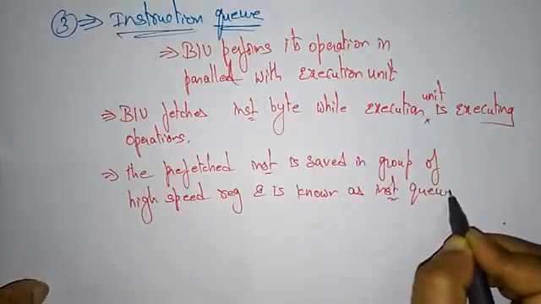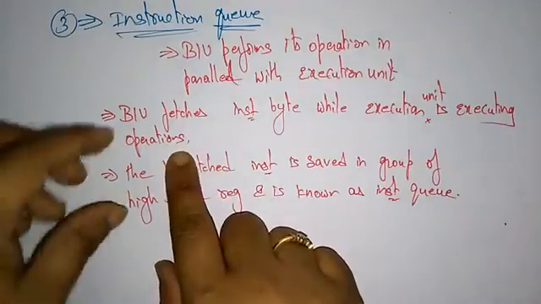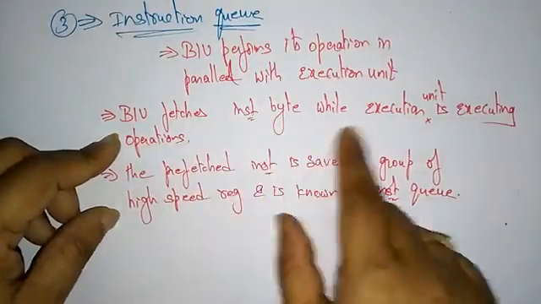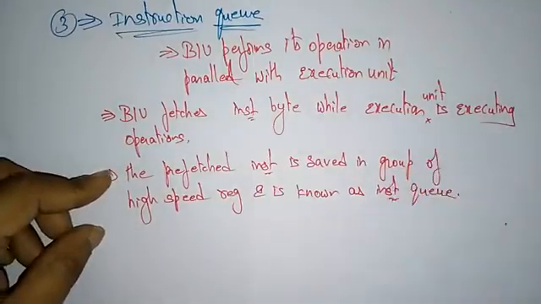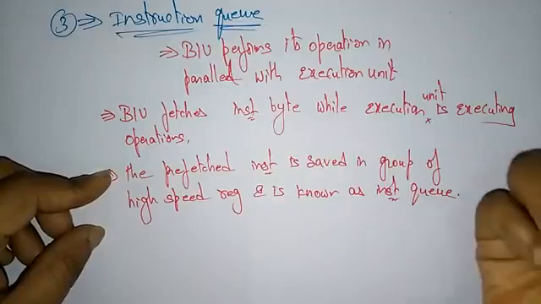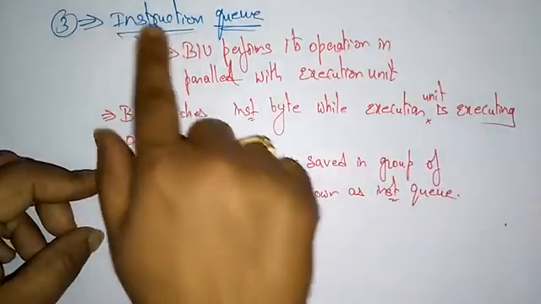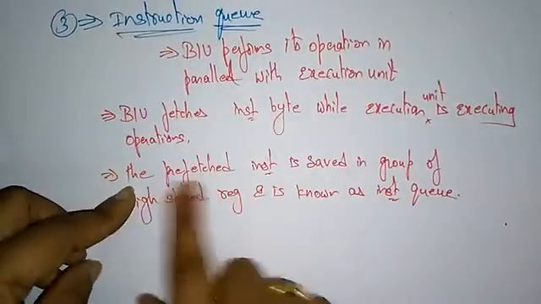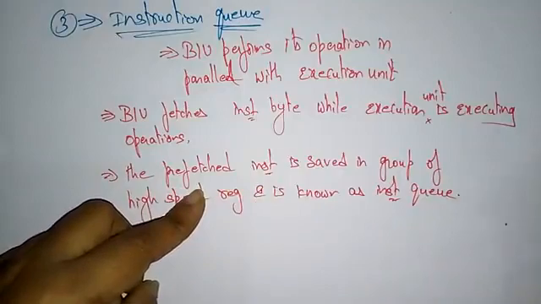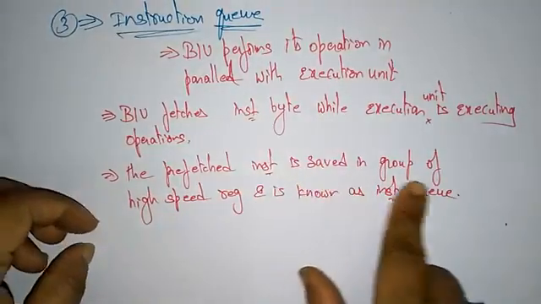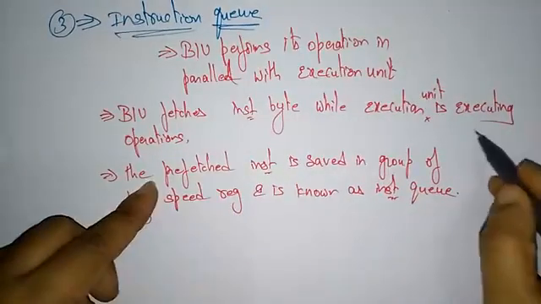So what will this instruction queue do? First, the bus interface unit fetches instruction bytes while the execution unit is executing operations. Whatever the execution unit executes is fetched by the bus interface unit with the help of the instruction queue. The prefetched instructions, whatever is to be executed, are saved in a group of high speed registers known as the instruction queue.